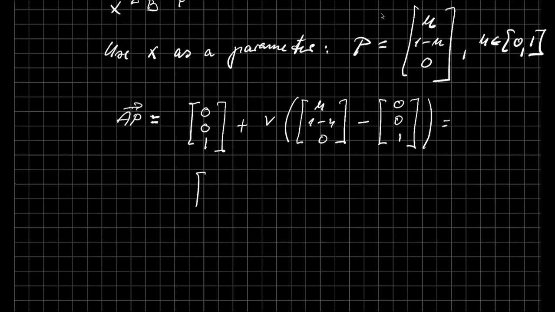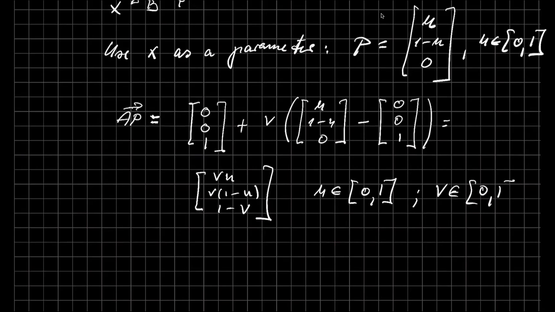This is equal to v times u, v times 1 minus u, and then 1 minus v. You see here u is still in the interval from 0 to 1, and so is v. So now we have a parametric representation of our surface.